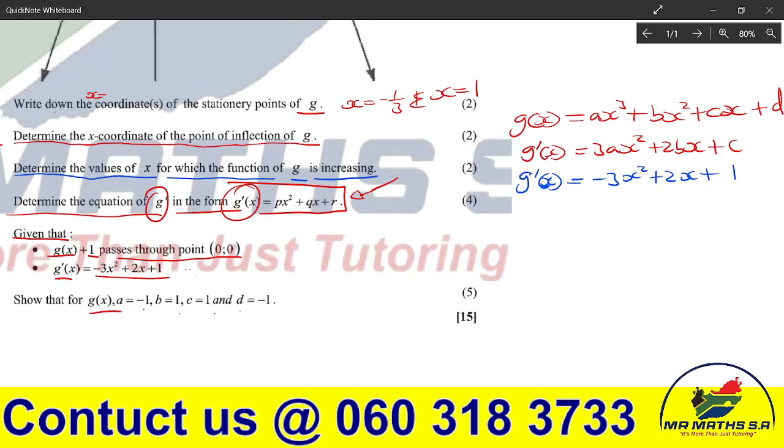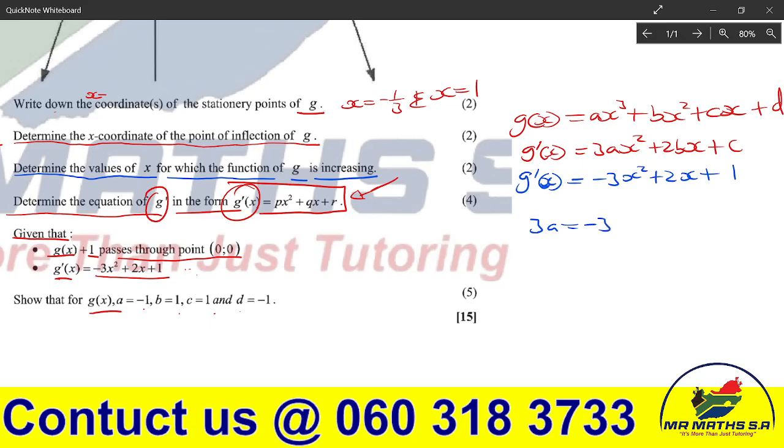Then just from seeing it like that, x squared will cancel x squared, or you can equate them. Equate the part that has 3ax squared with this.